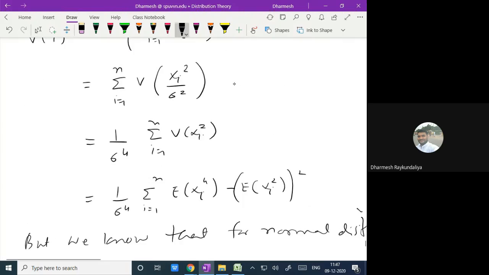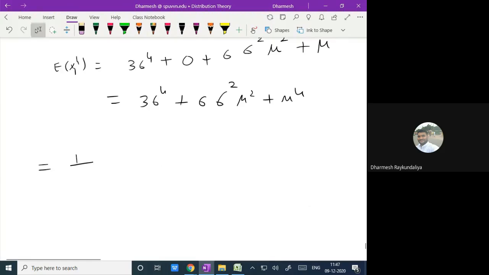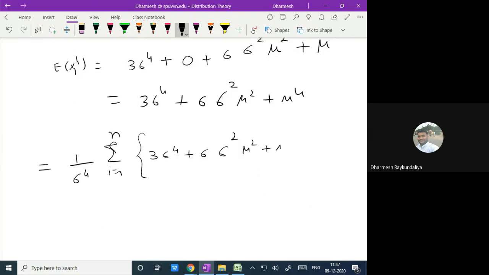So substitute here what you have already obtained: 1 upon sigma raised to 4, summation i running from 1 to n, expectation of xi raised to 4 is nothing but 3 sigma raised to 4 plus 6 times sigma square mu square plus mu raised to 4.